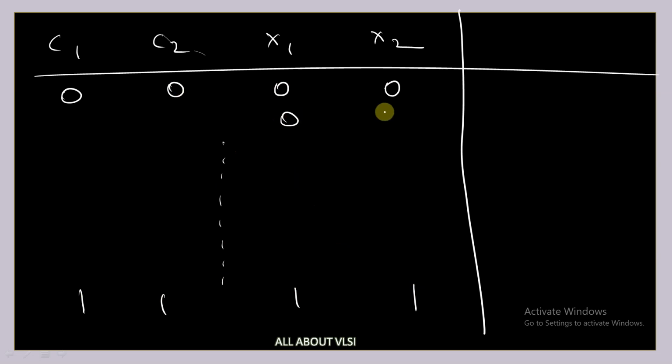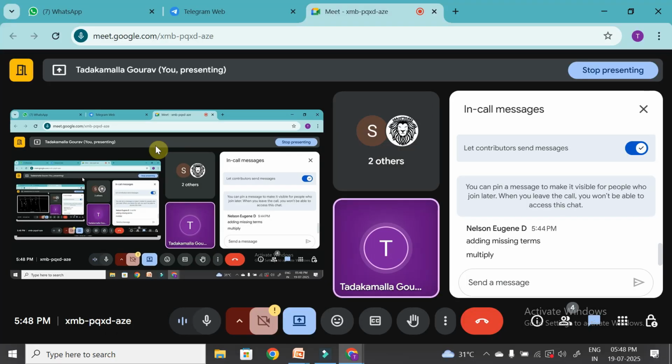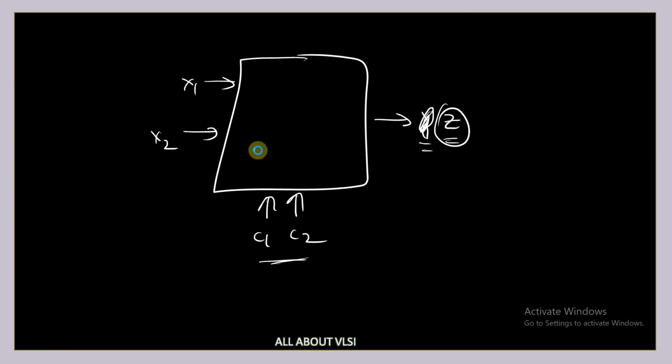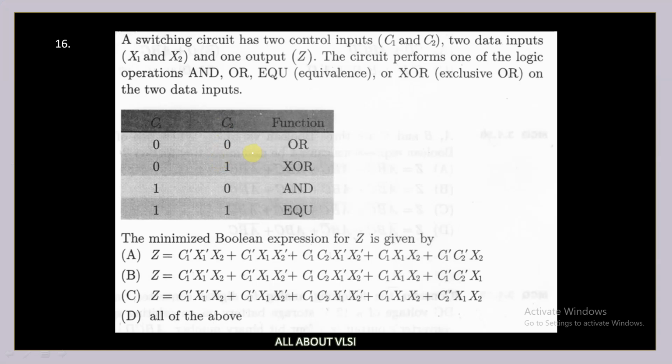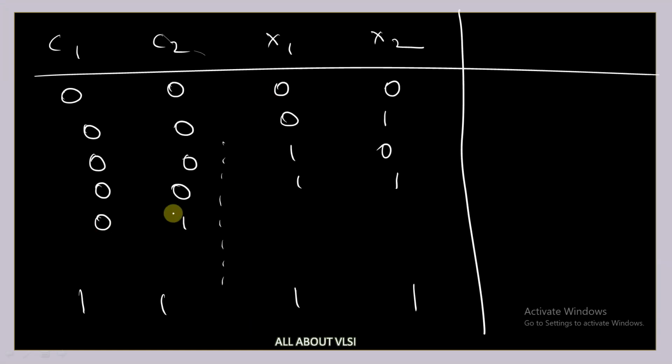So 0 0, 0 1, 1 0, 1 1, and so on. We need to have all the combinations, right? Yes, this is correct, 0011 and 01, again we check up to 0111.